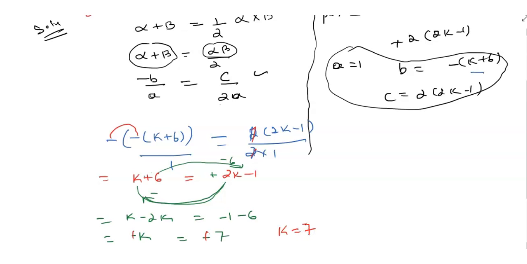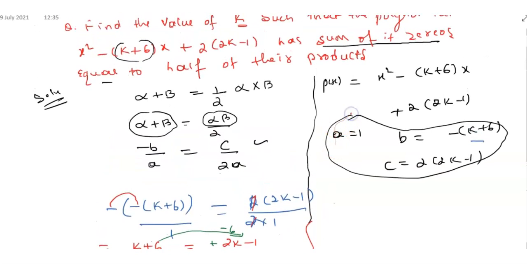Okay, if you want to make this a proper polynomial, if you want to find out the coefficients of x square and x, you can insert the value of k in the given polynomial. So actually your problem is finished here only. This is an extra point.